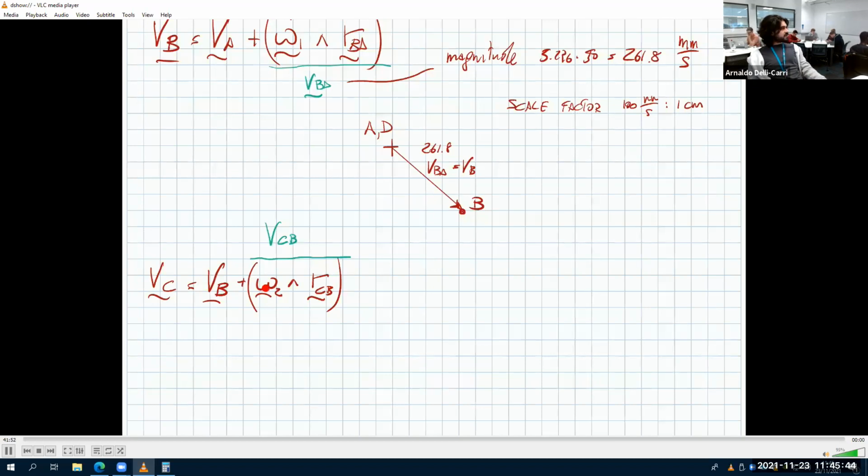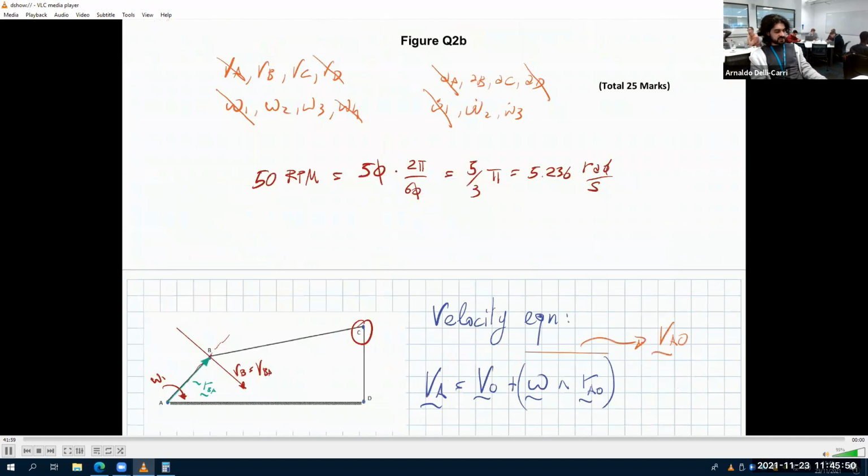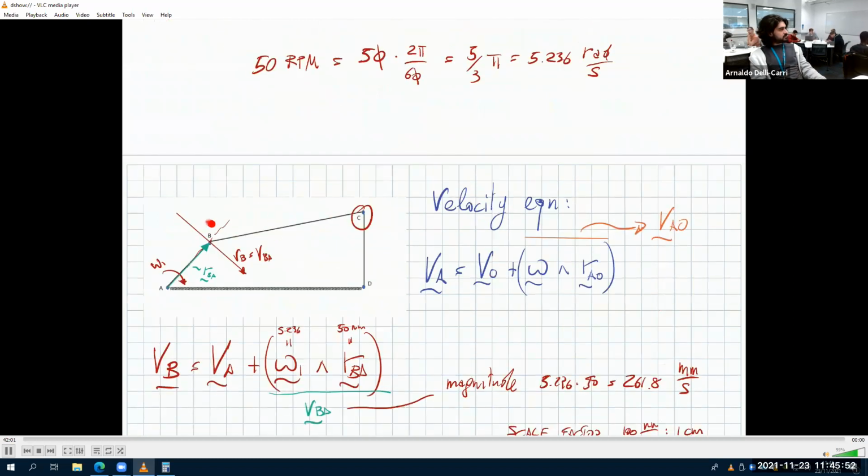So this is a vector, omega 2, that goes either outside or inside the plane. And this is RCB, which is this vector here. So it must be perpendicular to both. And that means it is perpendicular to RCB. So it's this direction. Agreed?